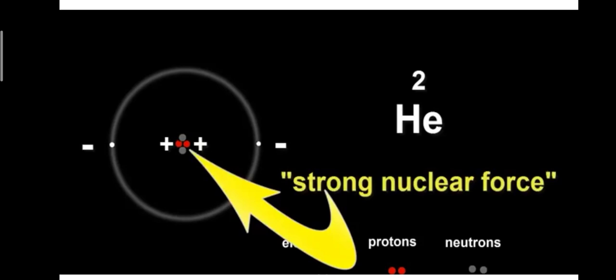Electrons के पास जाने नहीं देता क्योंकि opposite charge attract करेगा ना. So this neutron is having the strong nuclear force which binds the proton, and there is a proper bonding between the proton and neutron which is present in the center. So that's why protons are not moving and not going here and there.